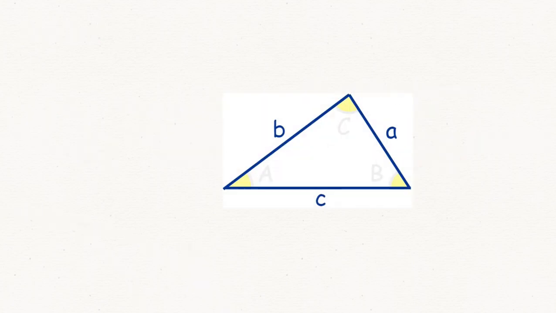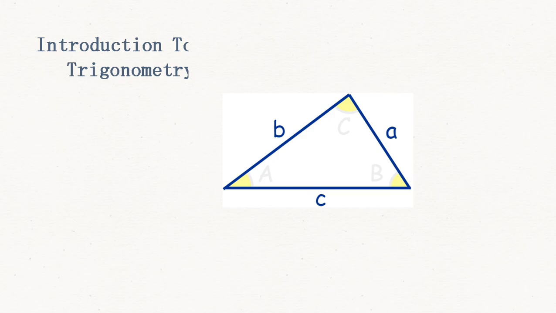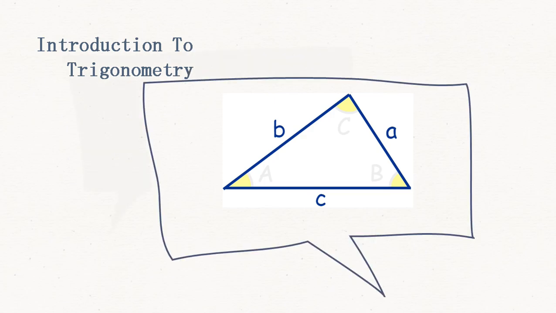Okay, first, what is trigonometry? In junior high school, we already know that the main functions in trigonometry are sin, cos, and tan. They are simply one side of a right angle triangle divided by another.